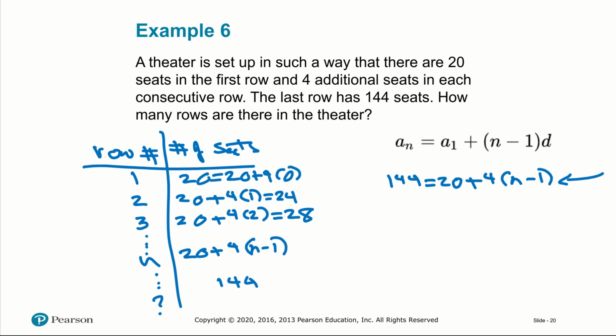We knew that the first term, a1, is 20. Because each row adds 4, we knew that the common difference is 4. And we knew that what we're looking for is the scenario in which the number of seats, which is represented by an, turns out to be 144.